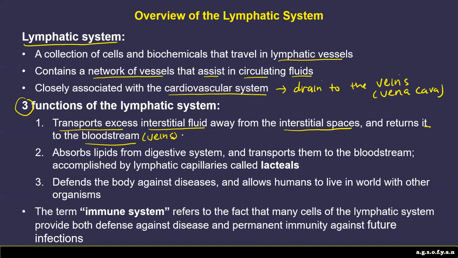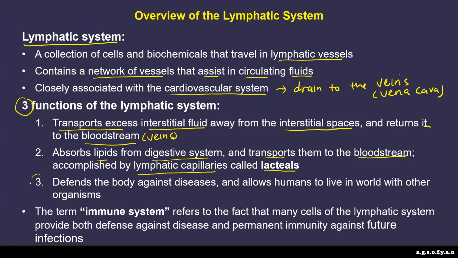And second, absorb lipids from the digestive system and transport them to the bloodstream. This special function is done by a lymphatic capillary called the lacteal. So the lacteal is a type of capillary for the lymphatic system.